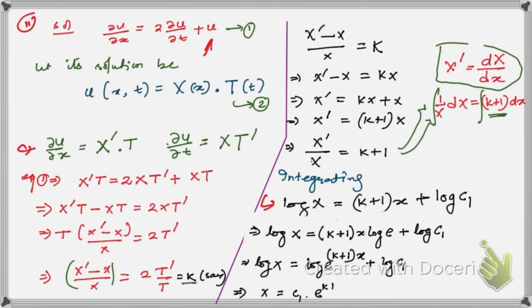It can be written as X is equal to c1 into e to the power k plus 1. If you simplify this, here you can write log of this one plus log of this one, as log of c1 e to the power k plus 1 into x, right? And if you remove the logs from both sides, then you will get this result. This should be x.